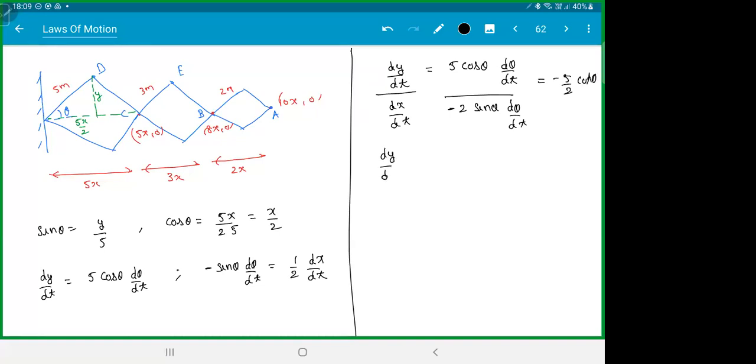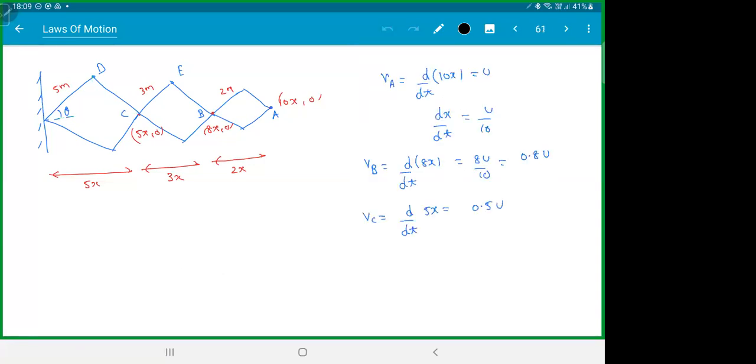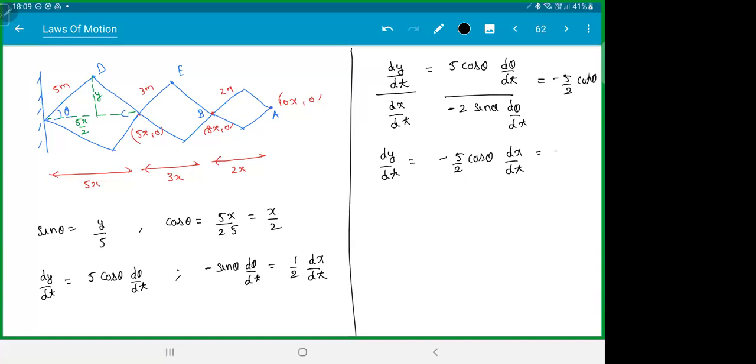So dy by dt is minus 5 by 2 cot theta dx by dt. And we already calculated dx by dt is nothing but u by 10. So minus, this is cot. Five and 2 will cancel, minus u by 4 cot theta.